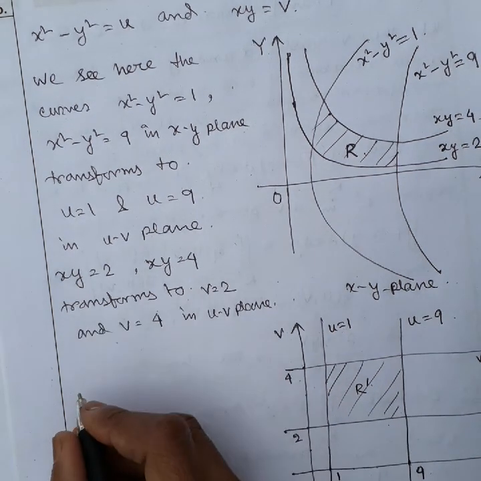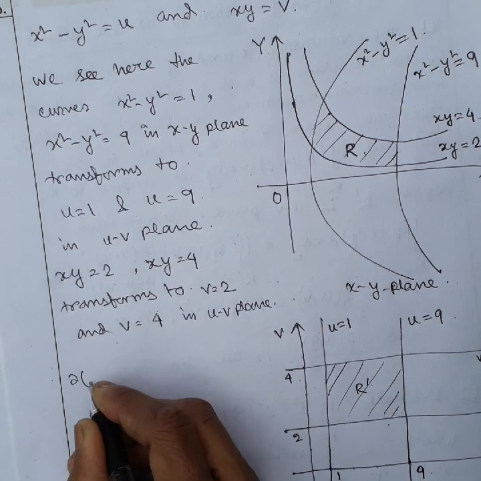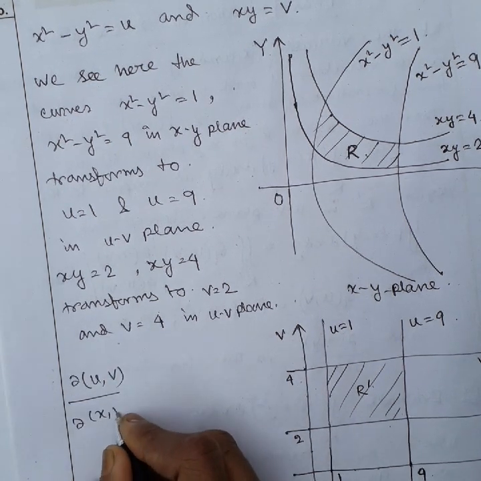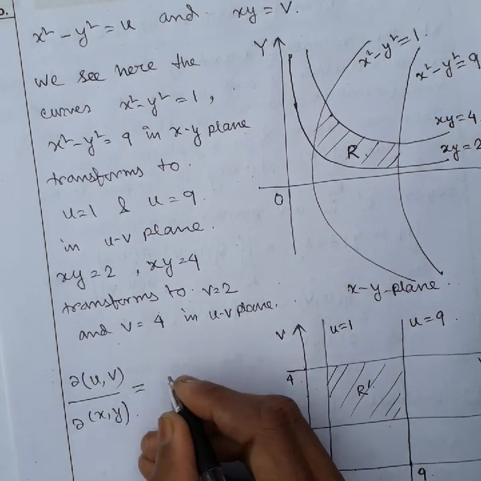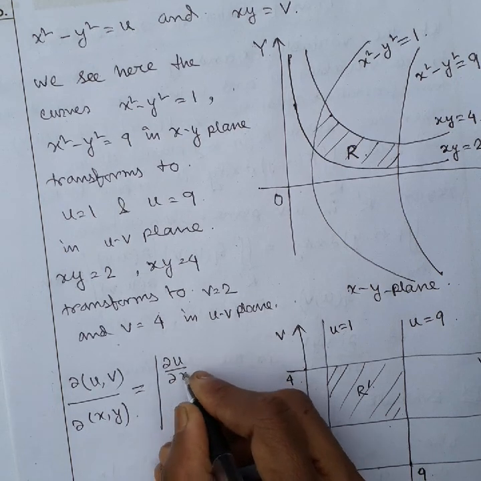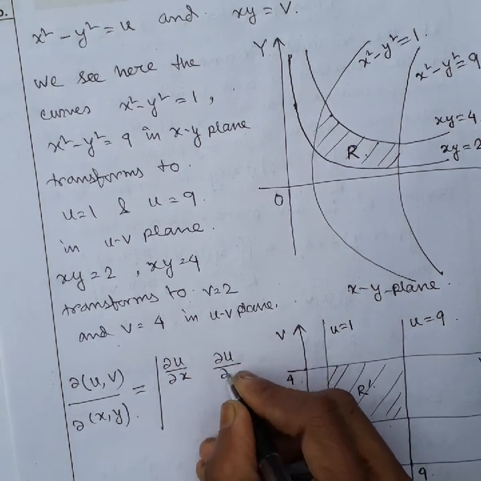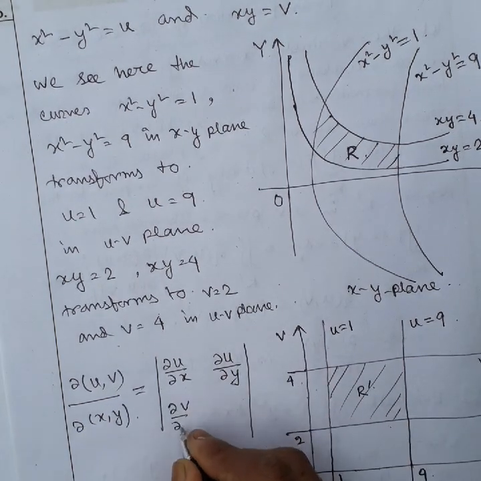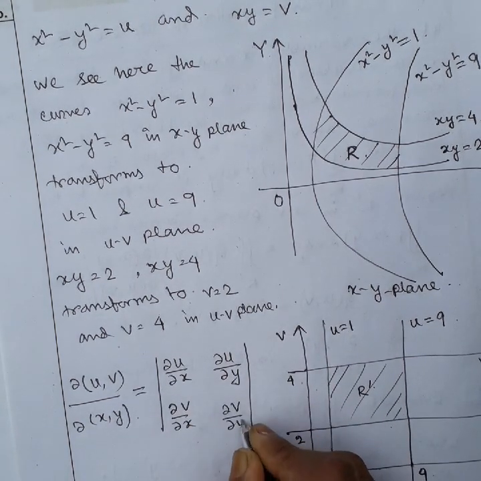Now we find del of u v by del of x y, the Jacobian. We know the formula: the determinant of del u del x, del u del y, del v del x, del v del y.